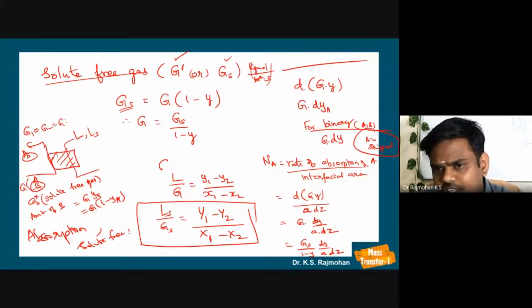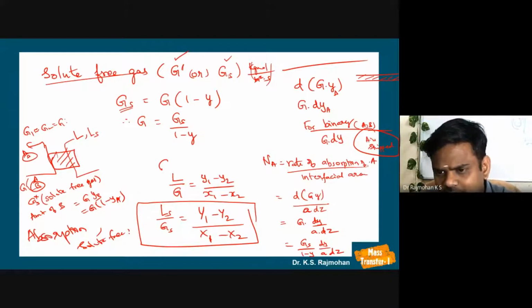So we have seen in the previous lecture, by definition, the differential of G into Y, even if we skip the subscript A, that's not an issue. So differential of G into Y A we have defined, right? We have done the material balance across a thin film, where we considered this and obtained this. So G into dyA, and for a binary mixture you can simply write G into dy. So what is flux then?